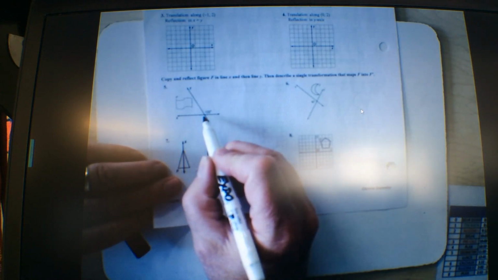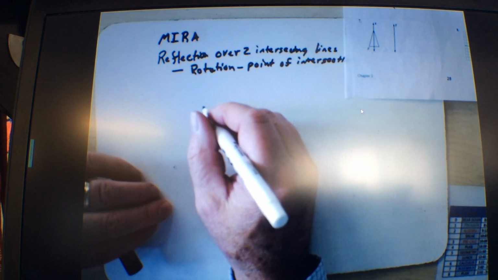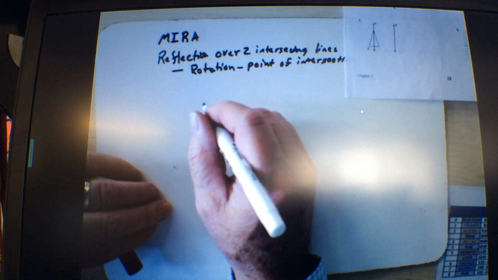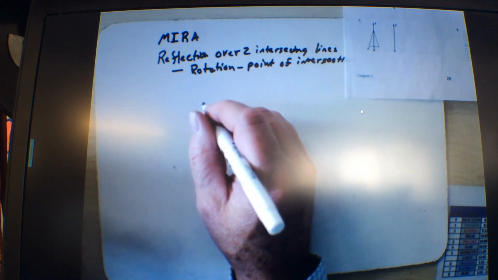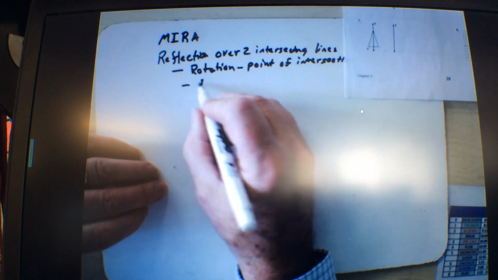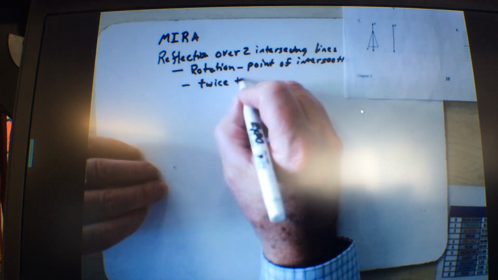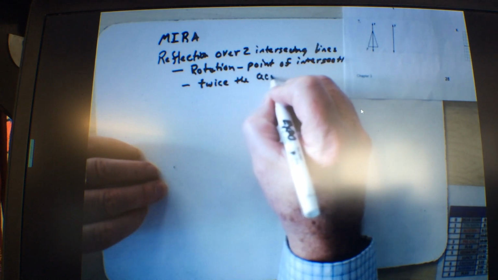Correct? All right. So once it does that, the angle of rotation is twice the measure of the acute angle or the right angle formed by the 2 lines. So the angle of rotation is twice the acute angle.